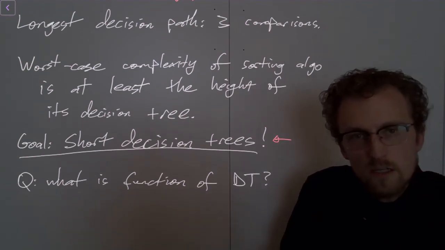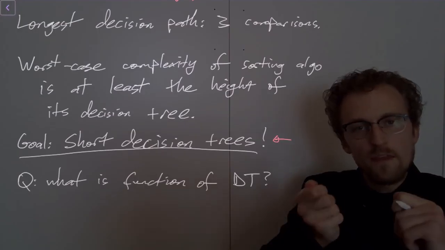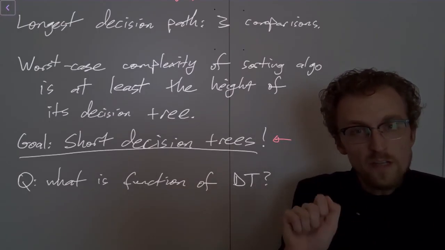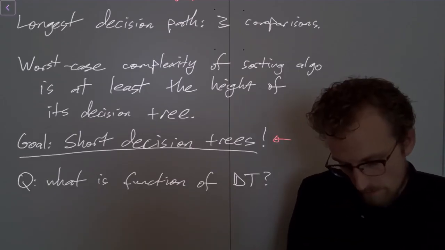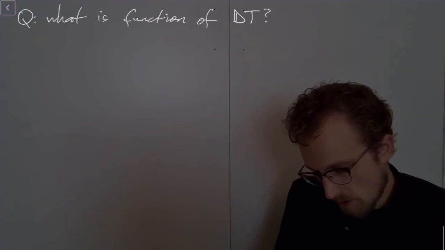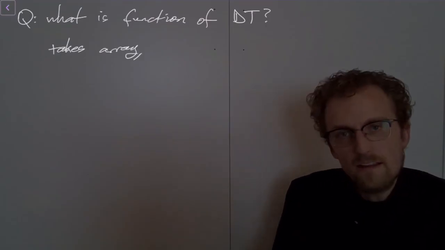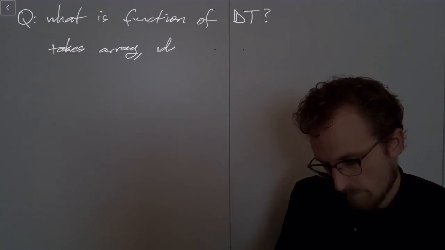So what is the function or purpose of the decision tree, where DT stands for the decision tree? What a decision tree will do is I'll give it an array, and then the decision tree is trying to figure out which permutation of that array is sorted in correct order. So the decision tree takes an array and then identifies the correct permutation of that array that is sorted.